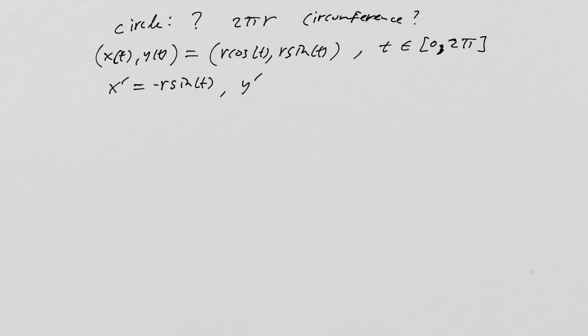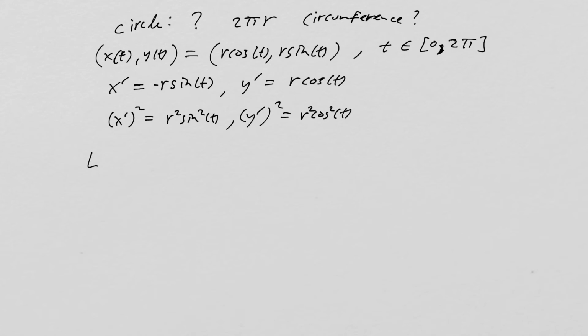And then, of course, y prime is going to be r cosine of t. All right, now, of course, we just take x prime squared, and we're going to get r squared sine squared t. And then y prime squared is going to be r squared cosine squared t. Put them in the formula, and we have this.